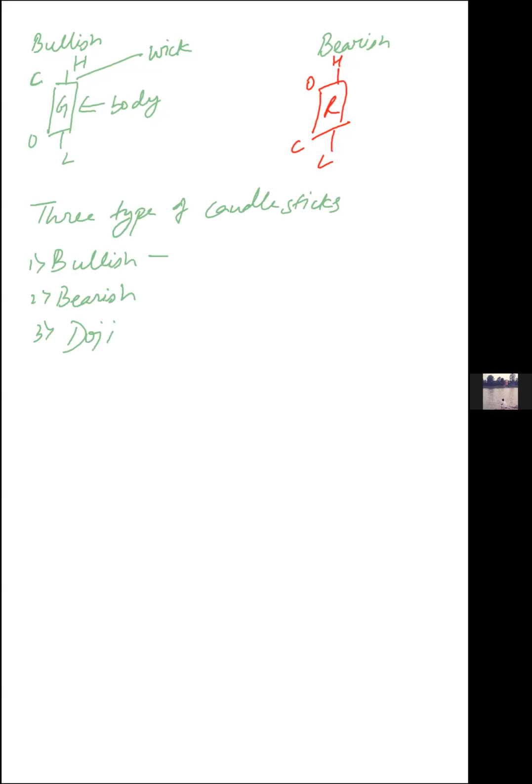In bullish, close is above open, and here close is below open, and here close and open are at the same level.